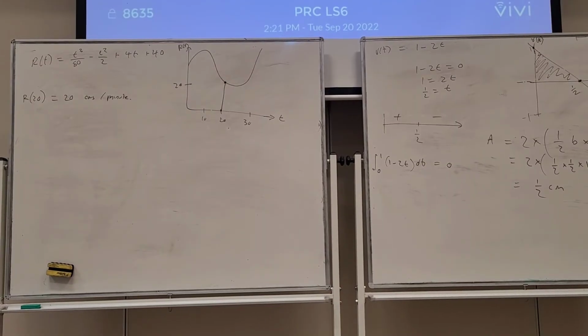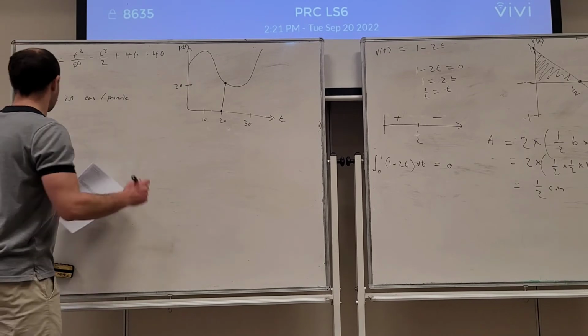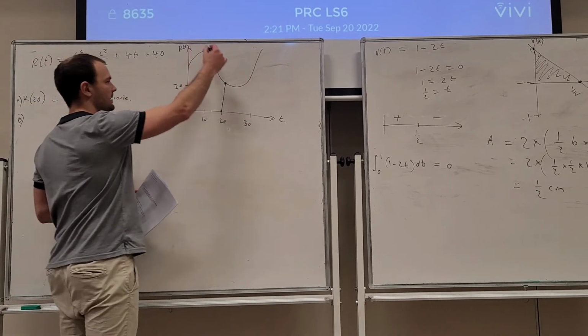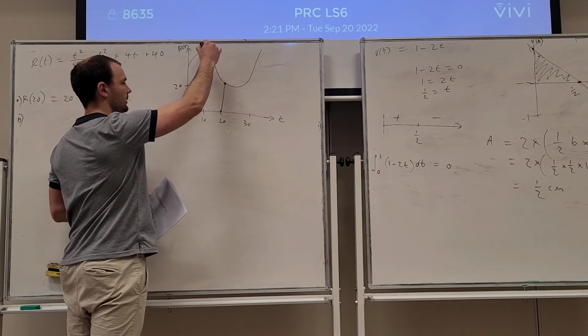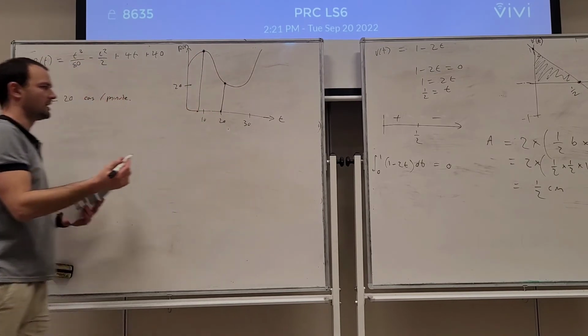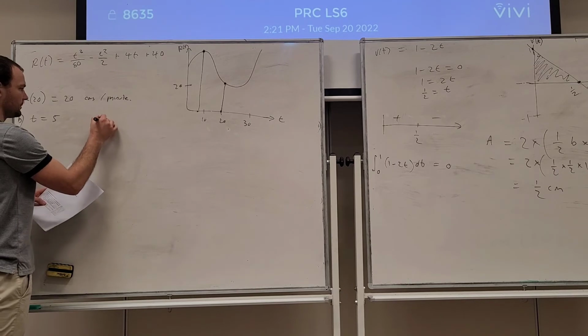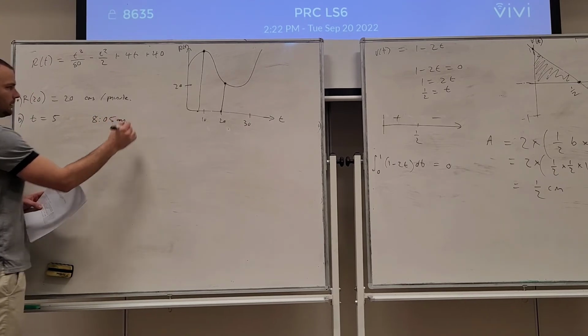Use the graph to estimate when the rate of traffic flow was at its greatest. It's going to be greatest when R of t is maximised, so we can go straight from the graph and you get what? t is 5. So when t is 5, let's answer in the context of the question. That's going to be 8:05 a.m.